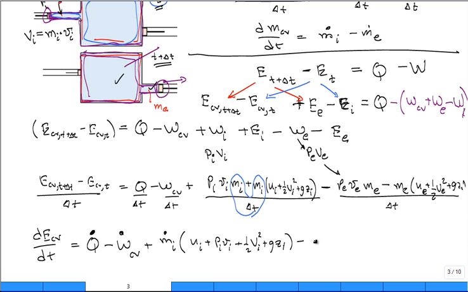And then over here we have, just like that, mass flow rate exit times U exit plus PV exit plus 1/2 V exit squared plus g z exit. We call this group of terms H. Enthalpy. Enthalpy is U plus PV.